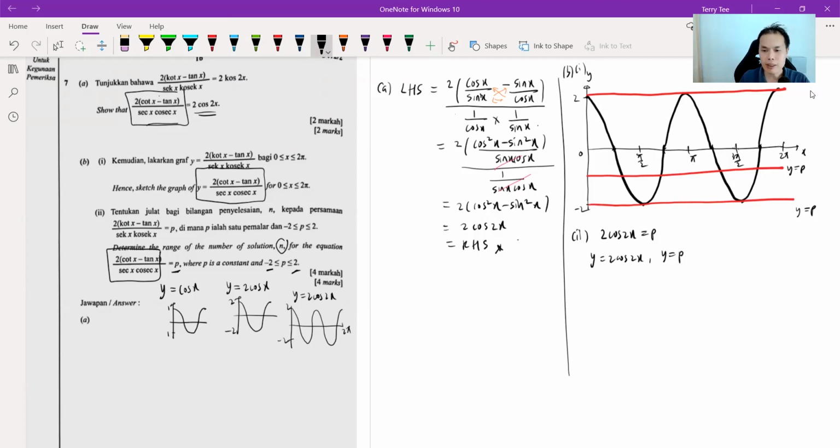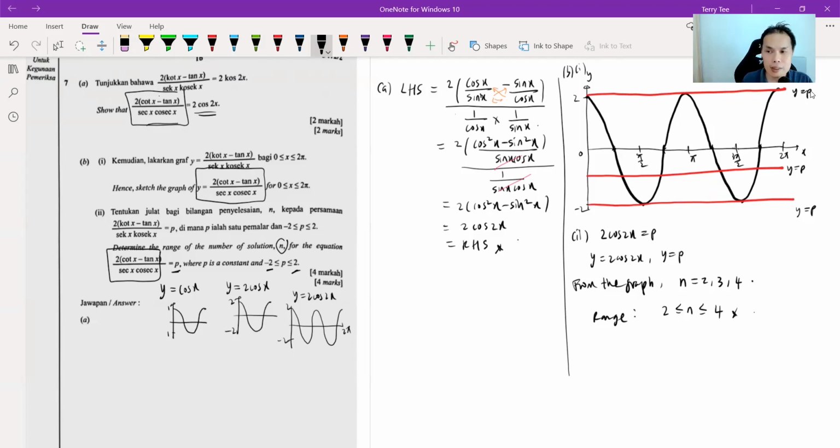And from the graph, your number of solutions n can be 2, can be 4, or it can be 3. It's 2, 3, or 4. So you have to write the range of values of n as n between 2 and 4.